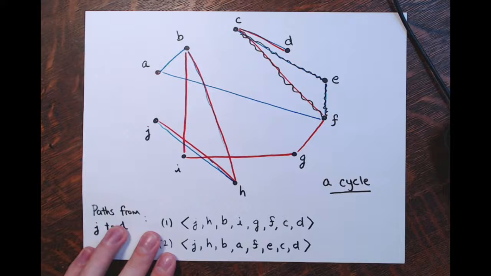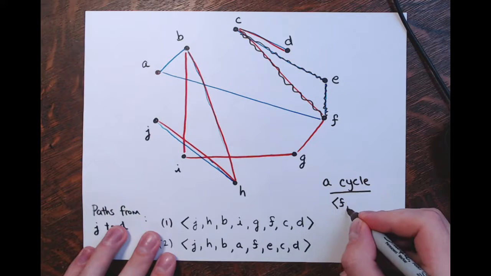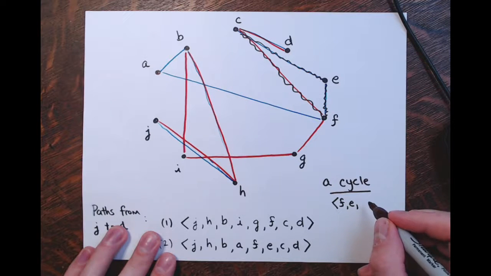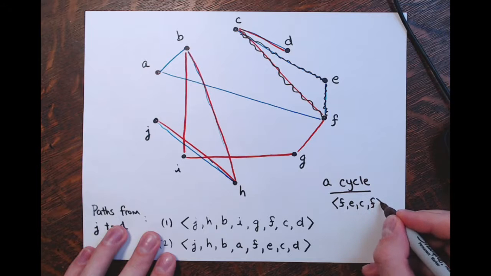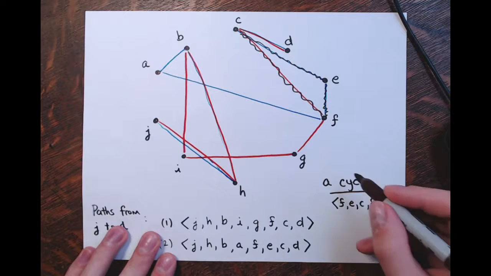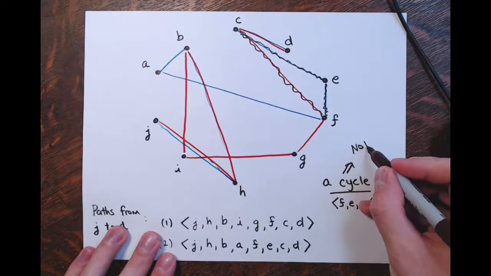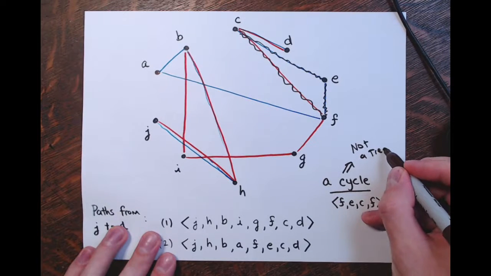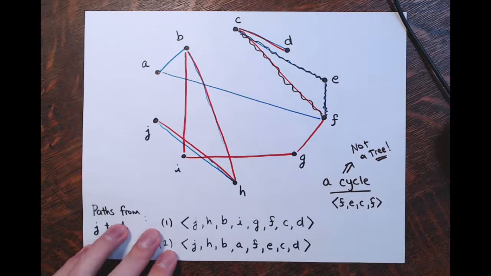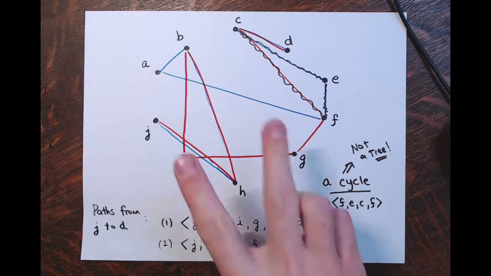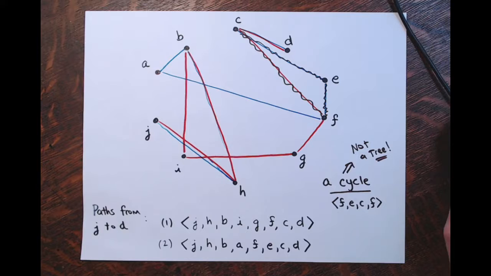Those edges are all in there. F to E to C to F. There's a cycle of length 3. So because I can find a cycle, that again tells me it's not a tree. A tree has no cycles. And between any two vertices, there's only one path.